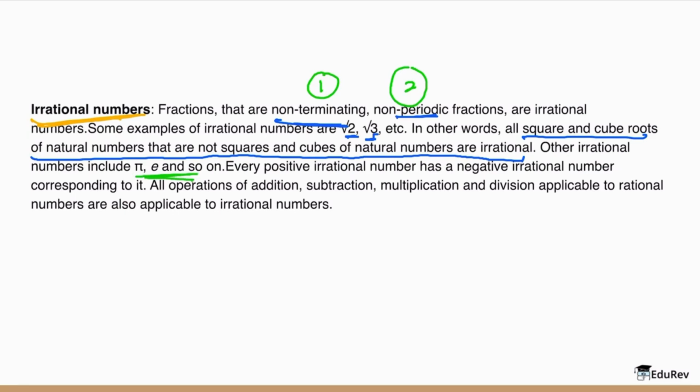Now, every positive irrational number has a negative irrational number corresponding to it. Obviously, if I have root 2, I will have negative of root 2. If I have root 3, I will have negative of root 3.